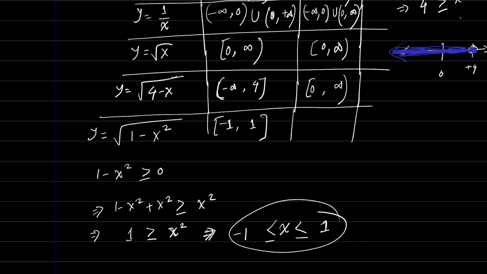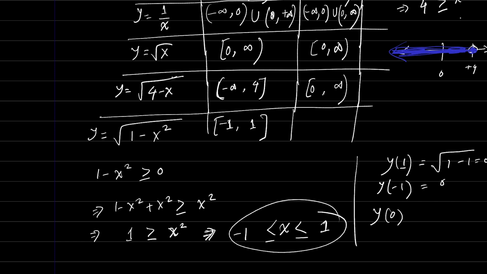So to calculate the range, let's see here. If we take the maximum value of x, which is 1, then y of 1 is square root of 1 minus 1, or 0. Y of minus 1 is similarly 0.